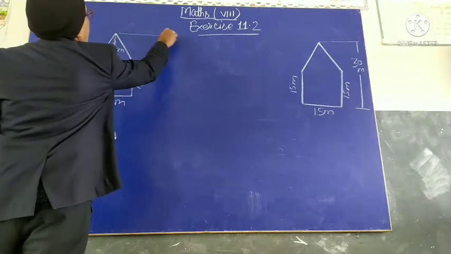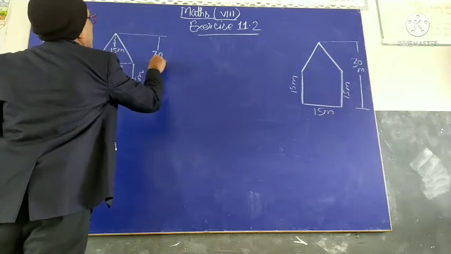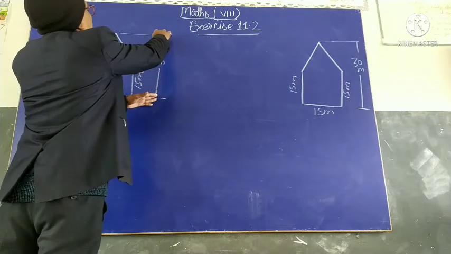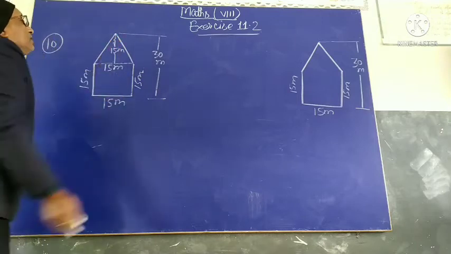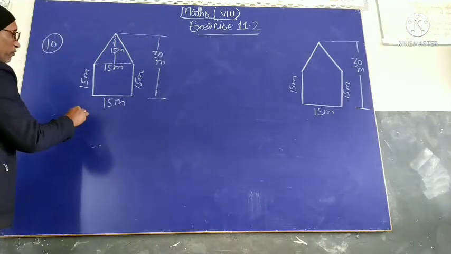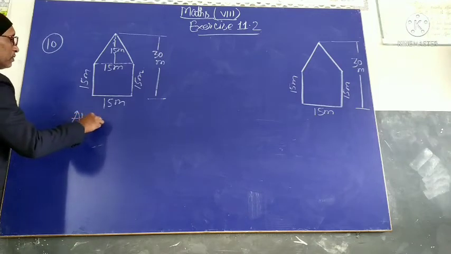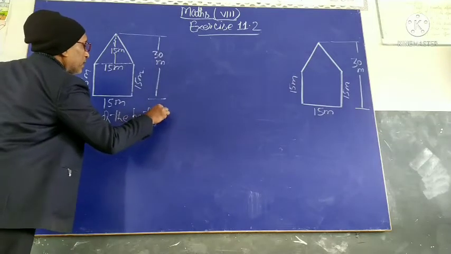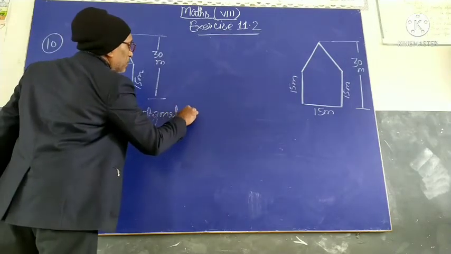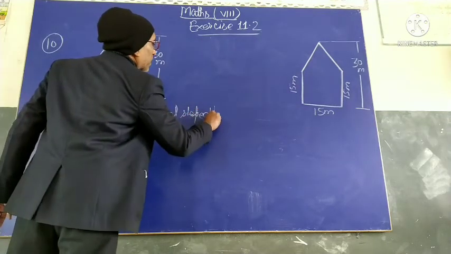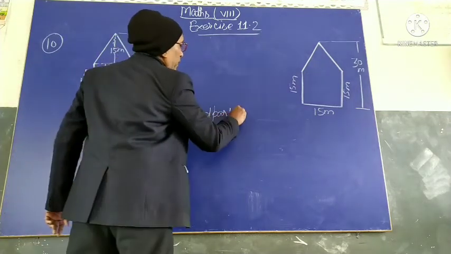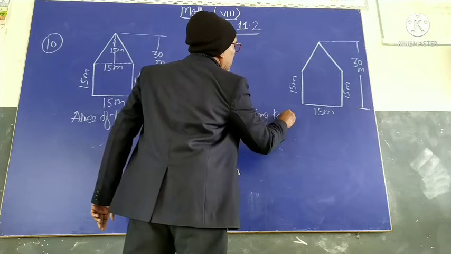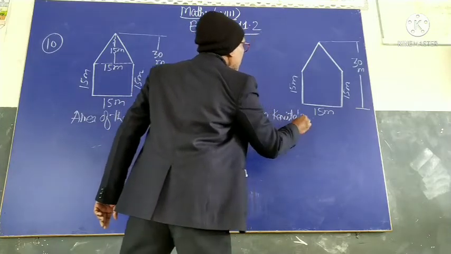Total height is 30 meter. When you subtract 15 from 30, you get the height of this triangle. This means you find out the area of the pentagonal shaped park by using Kavita's way.